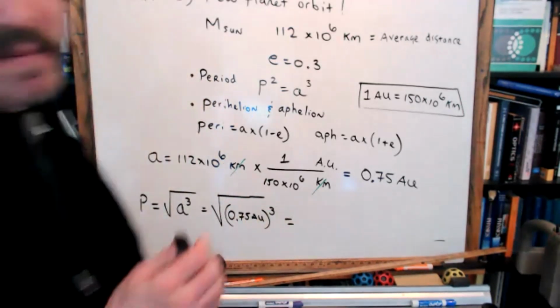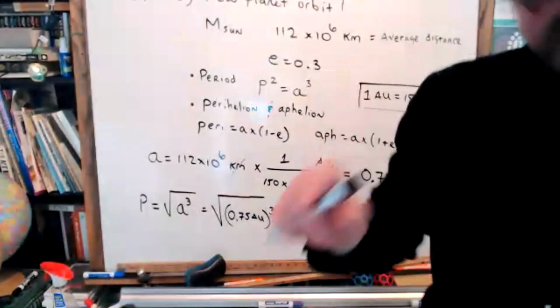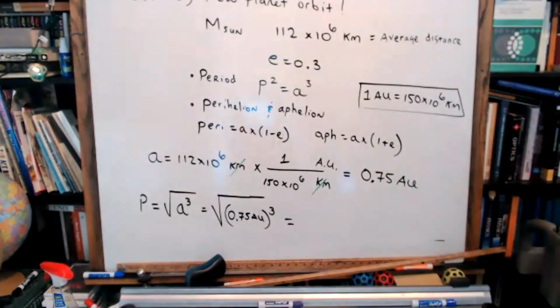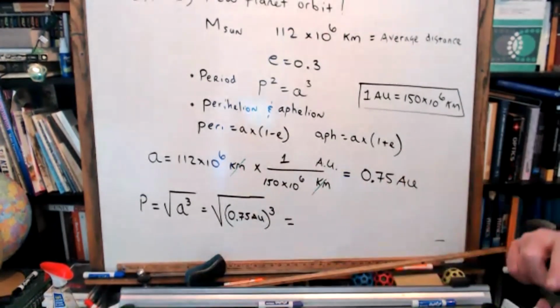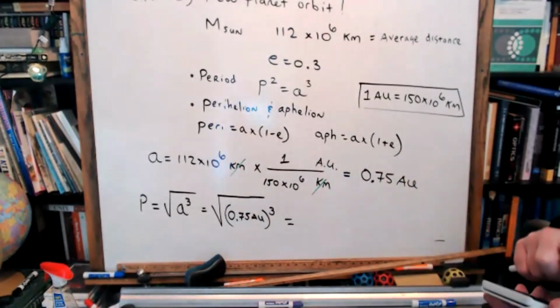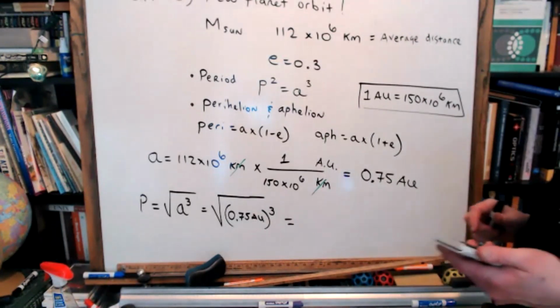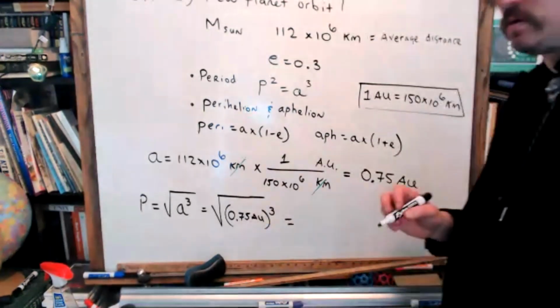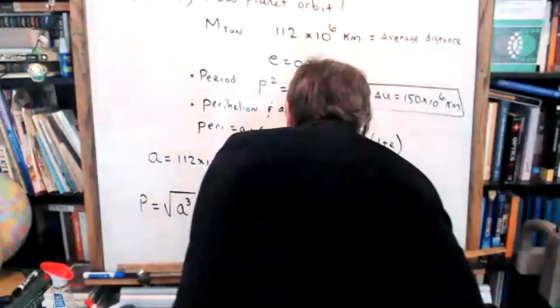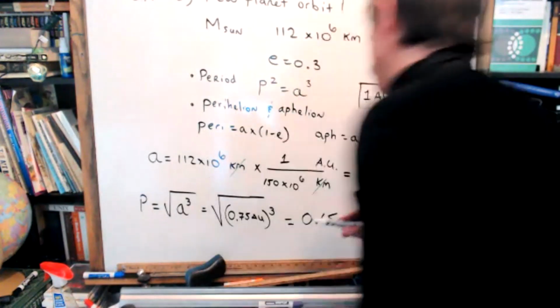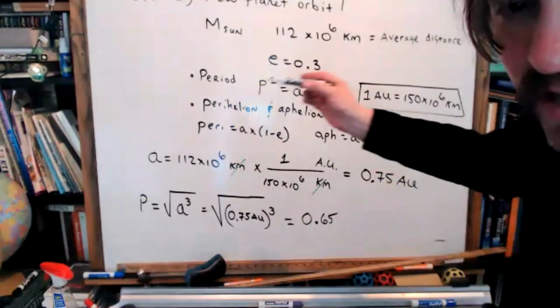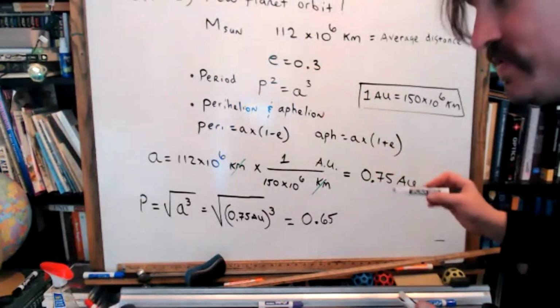The last 2 times I showed you how to punch it. Now demonstrate that you can do it without my help. I got 0.65. Units? 0.65 AU. Not AU, years. The P squared equals A cubed kind of magically transforms the units.